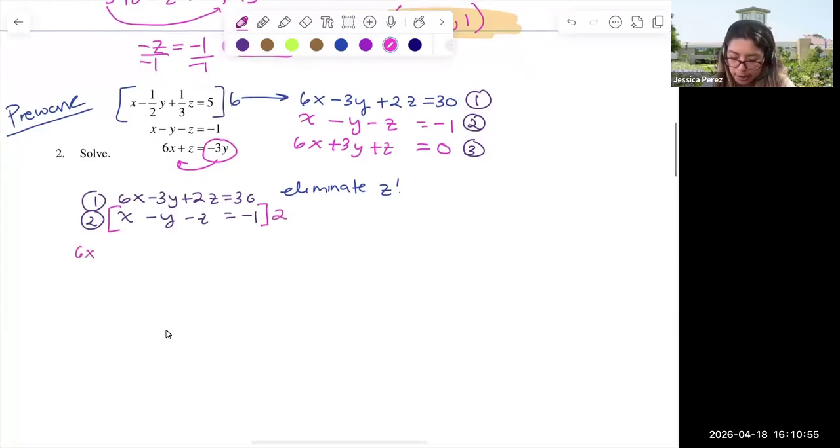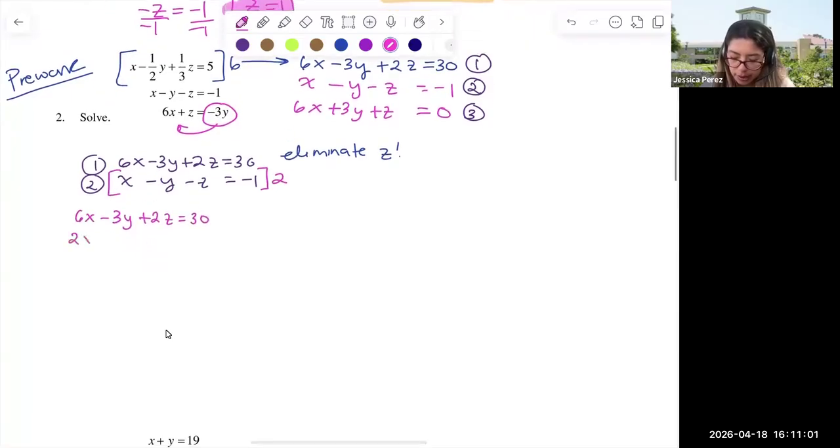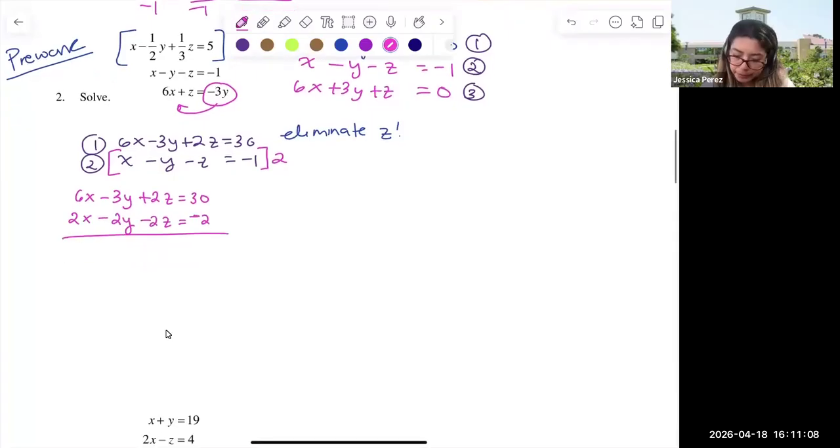So I have 6x minus 3y plus 2z equal 30, and 2x minus 2y minus 2z equal to negative 2. Using the addition method, I have 8x minus 5y, the plus 2z and minus 2z cancel, equal to 28. And that's my new equation 4. I combined equations 1 and 2 to make equation 4.